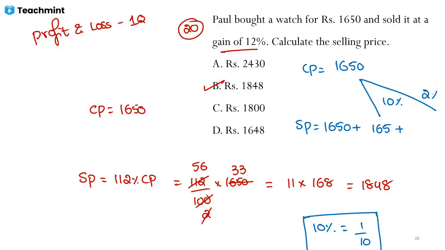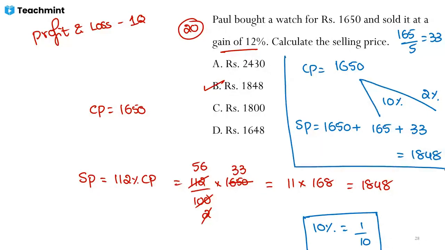Next, 2% is 165 divided by 5, which will give 33. Adding all, you can see 1848. There are many methods to solve. Whatever you are convenient with, if you are convenient with multiplication, use this one; if you are convenient with addition, use this one. Which is favorable for you, you can go with that. Good.